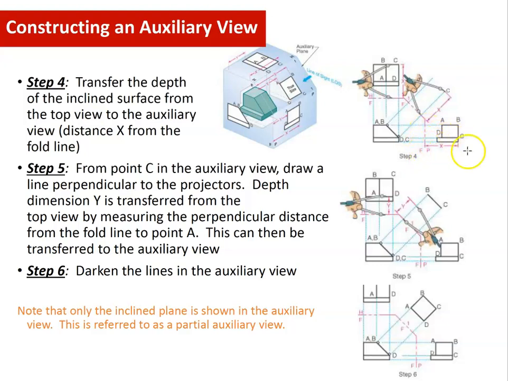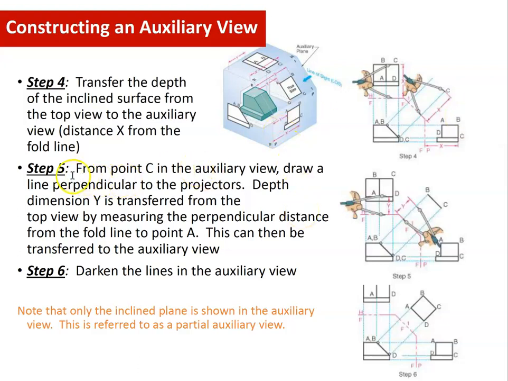This is the distance from your fold lines, right? The rear edge, fold lines, the rear edge, fold lines. So you know that this is 10. You transfer that 10 over here. So you make like a guidance line for your projection plane.